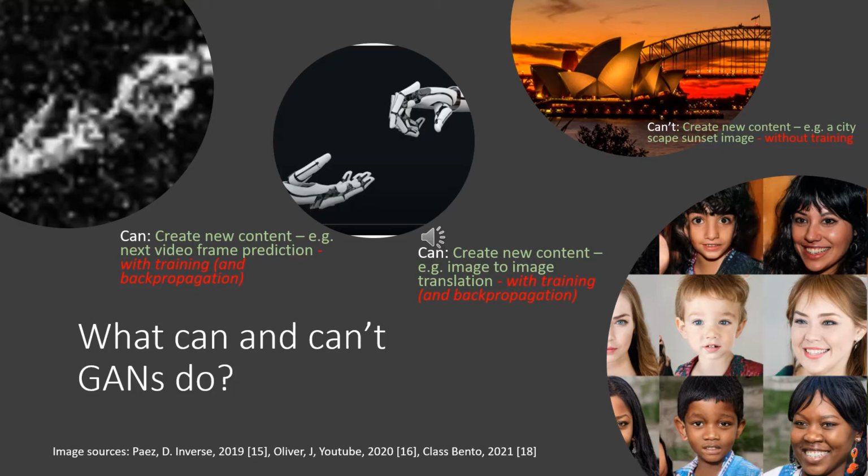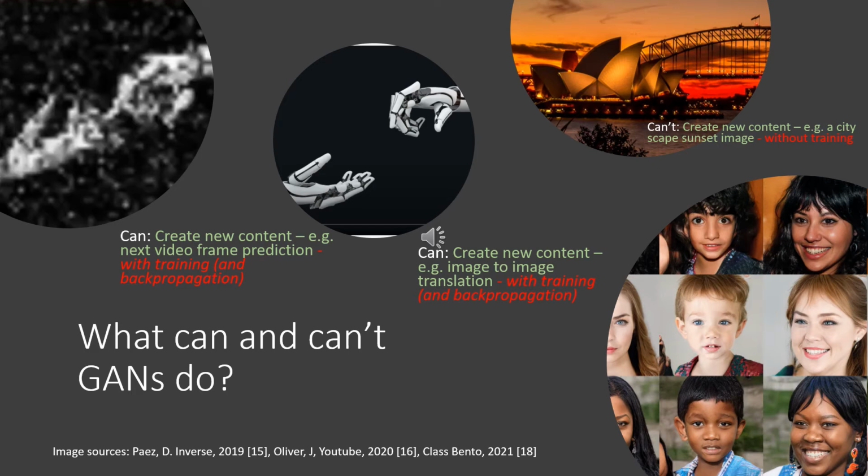So what can GANs do and what can't they do? Well, GANs can create new content, but only with training samples and backpropagation. They can do next video frame prediction or image-to-image translation by creating new faces.